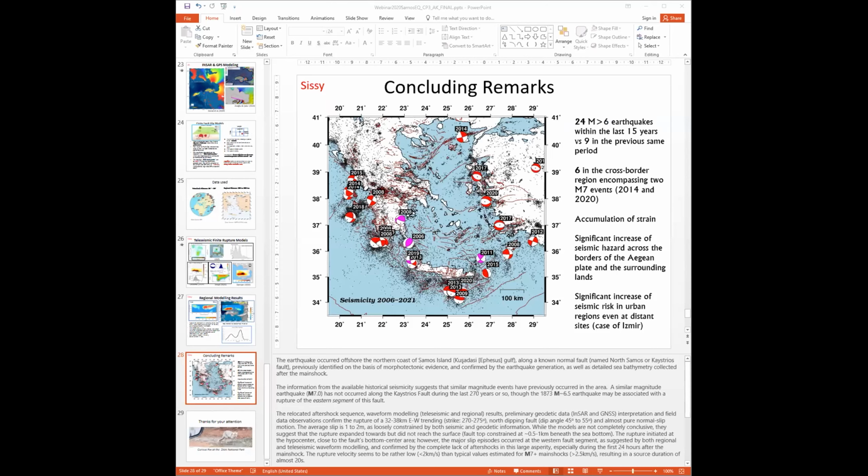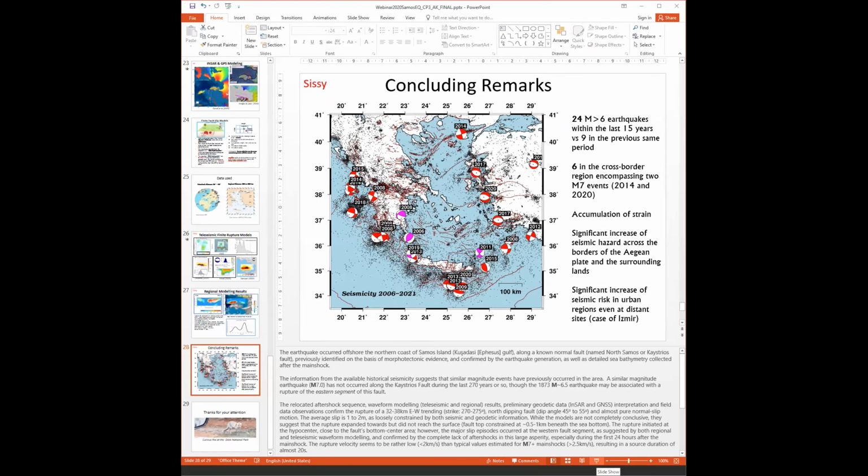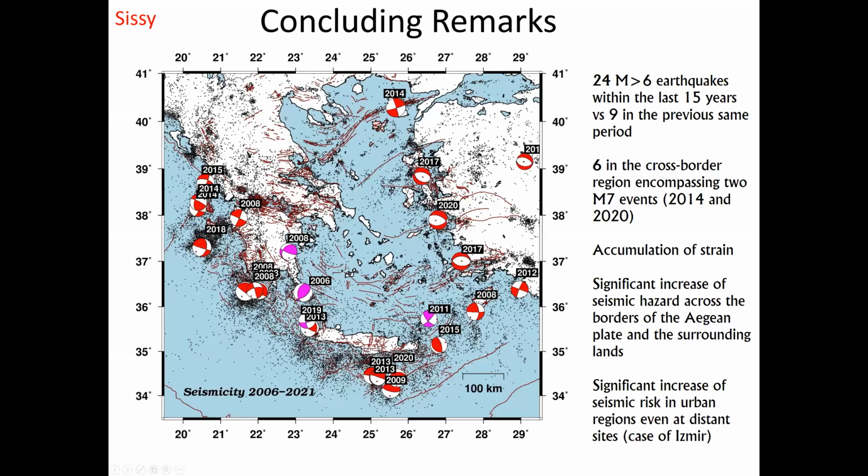Okay. I was going to show the finite fault models, but it's no problem. I will go directly to the last slide, which shows the earthquakes that we had in the Aegean area since 2006.